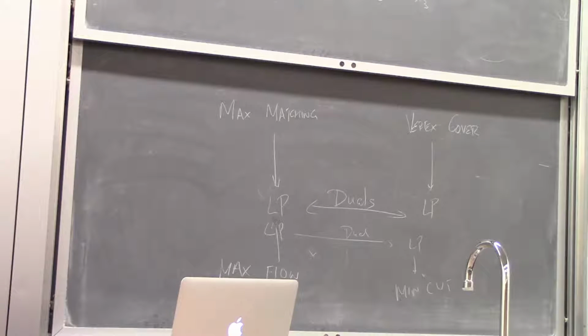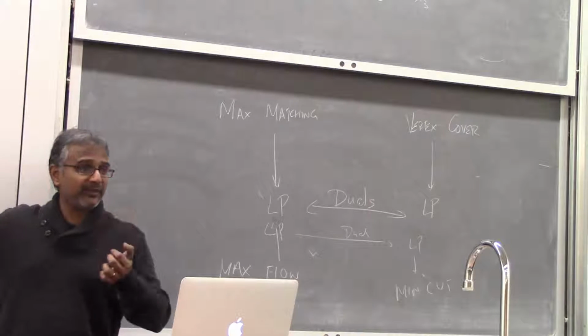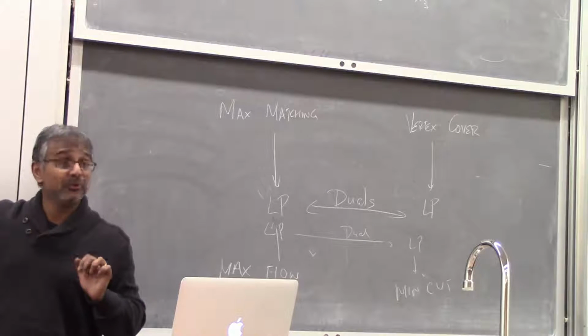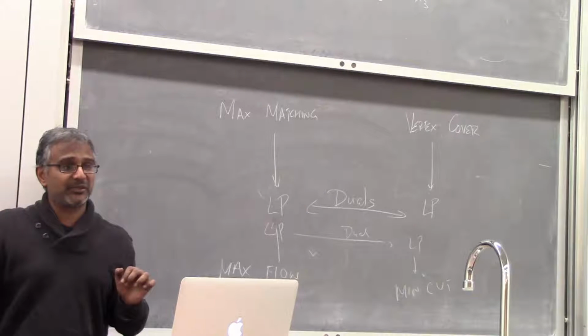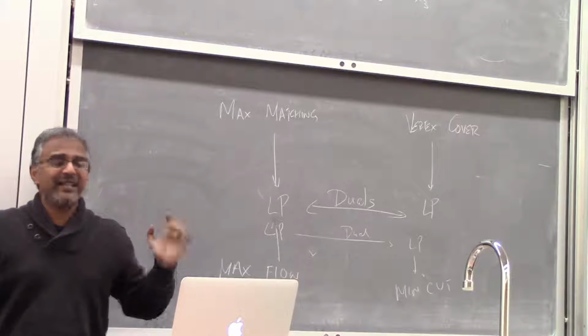That's why choosing the right kind of LP can often be a bit of an art. If you choose a wrong LP, constructing its dual gets messy. For example, I've told you how you can get rid of equality constraints and greater-than-or-equal-to constraints just by remapping things to get the canonical form. That's true, but when you actually do LP dual constructions, you don't want to do that, because you get all these extra variables from all these extra constraints, and you actually want to collapse them.